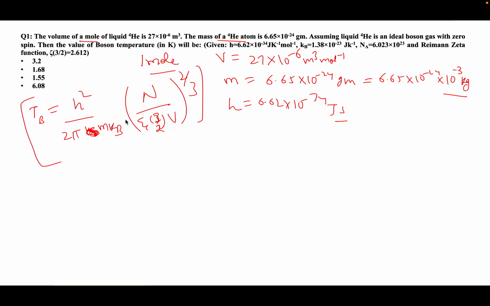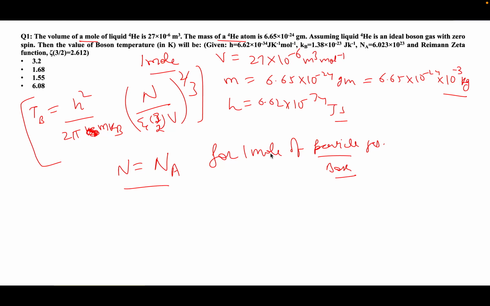So all the quantities are given, and N here is NA. N is equal to NA for 1 mole of particle gas. The particle is a Bose gas.